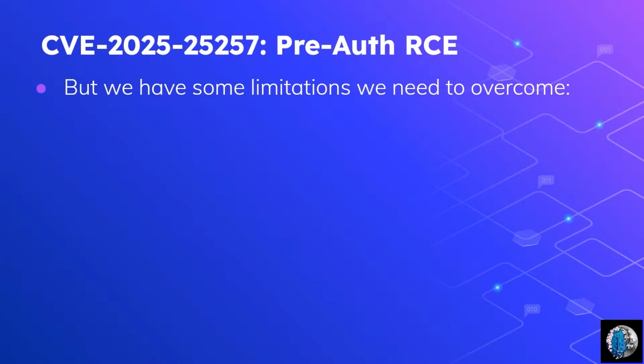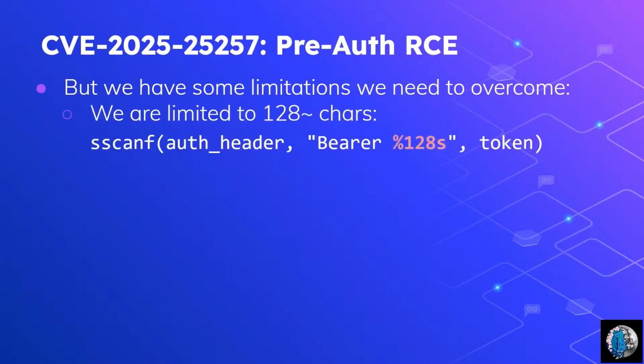But we have some limitations that we need to overcome. The first limitation is that we have a character limitation. As you saw earlier in the screenshot, they use scanf, but with a prefix of 128. It might seem like a lot of characters. It is a lot of characters.